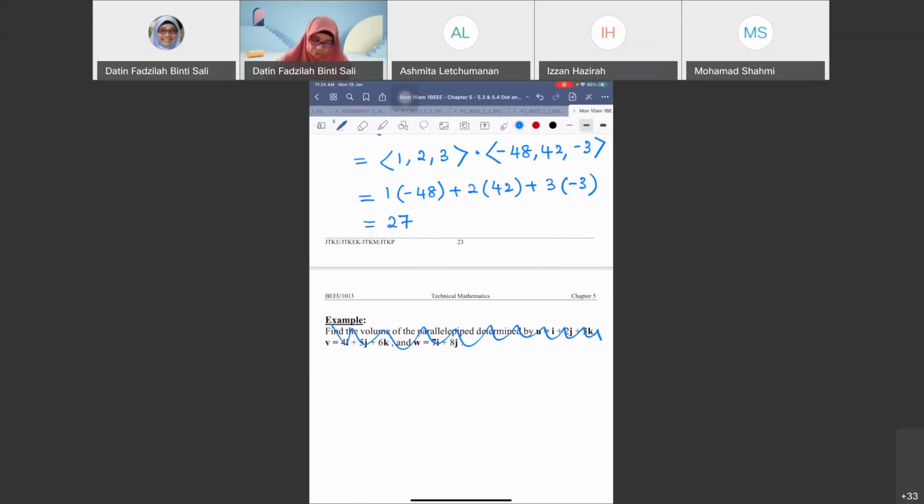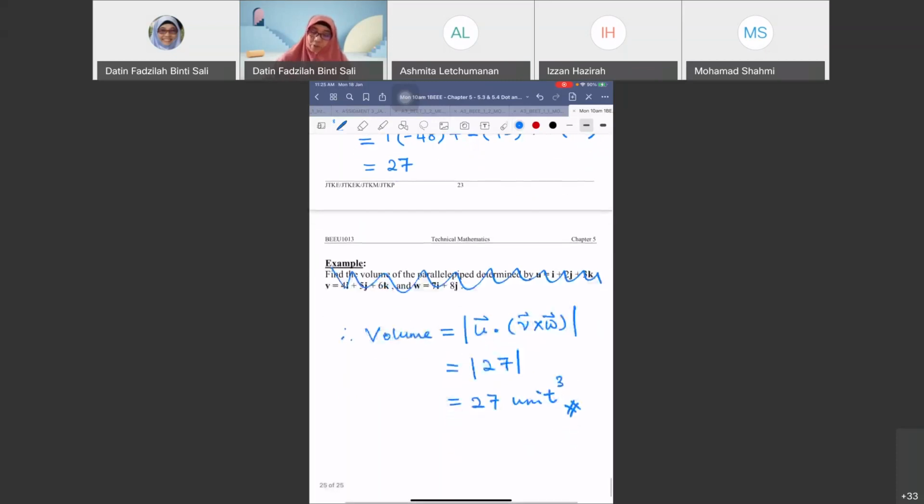So for your final answer, you conclude: therefore, the volume of your parallelepiped is the magnitude of U dot V cross W. So in this case, it is just 27, which is 27 unit cube.